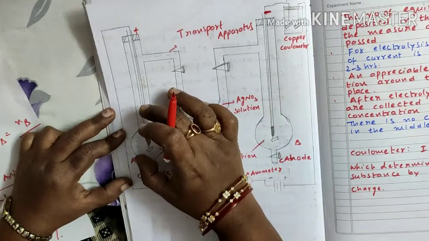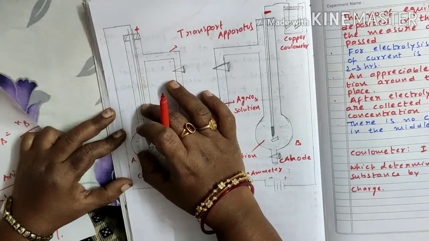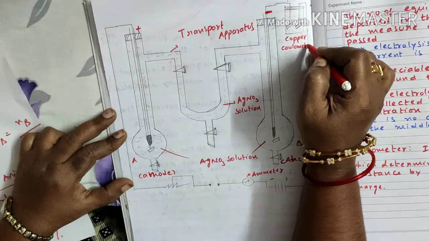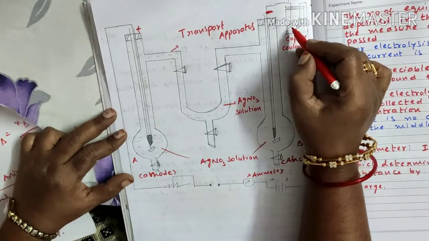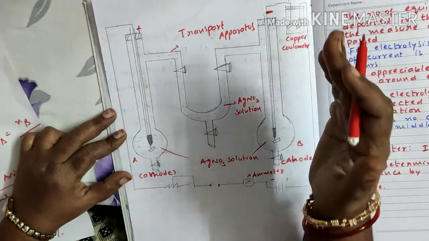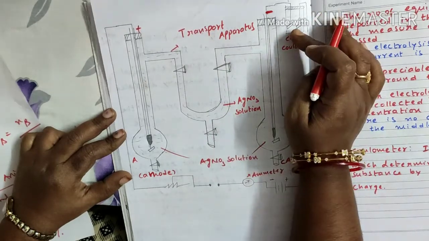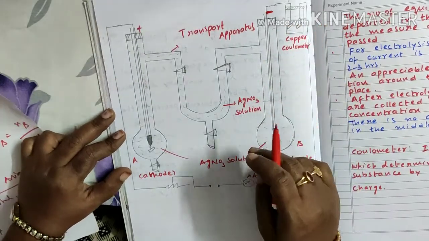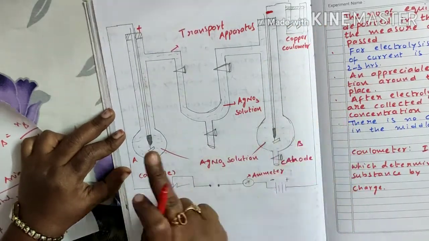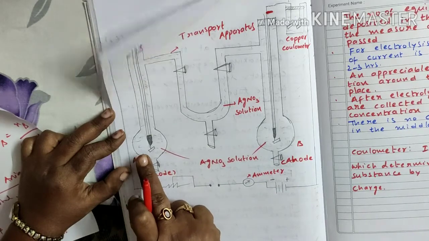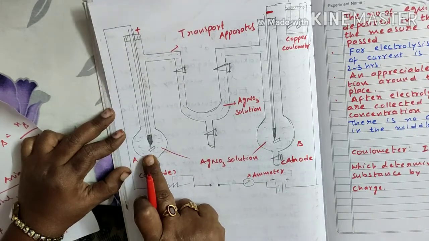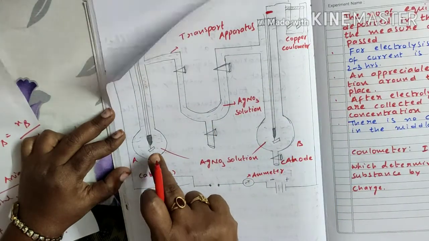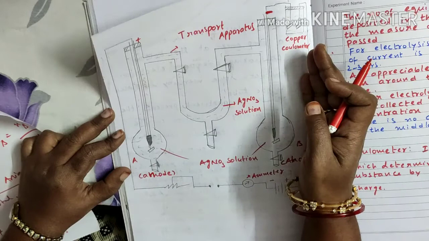Some of the ions from this AgNO3 solution go and are deposited in the copper coulometer. When we remove the electrode and scratch it, the silver powder is obtained from the electrode. What does it indicate? Some silver ions are transferred from the silver nitrate solution to the coulometer, that means some ions are transferred from these tubes to the coulometer.